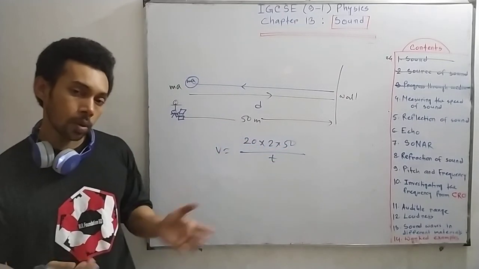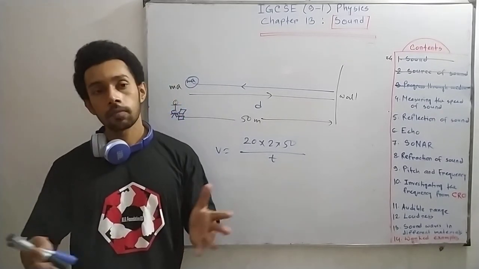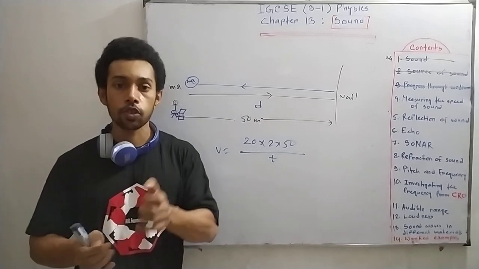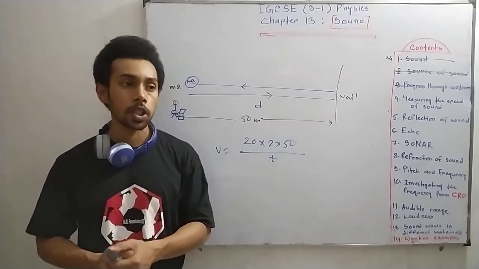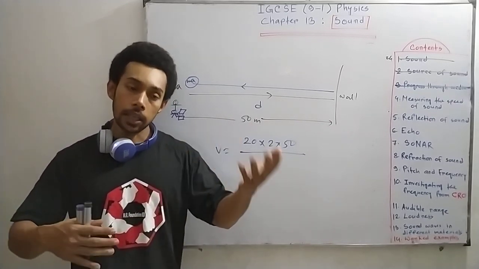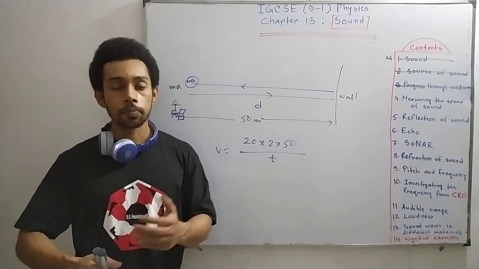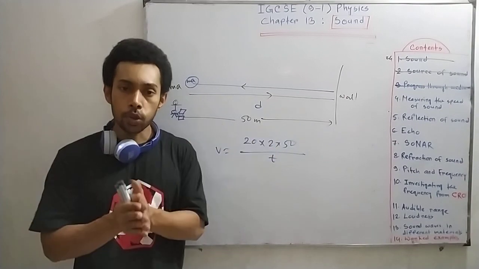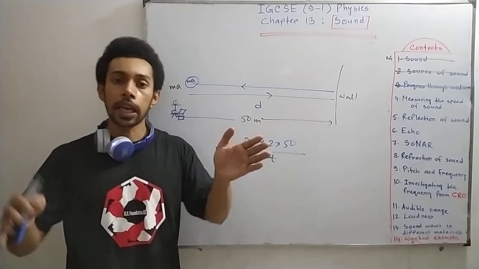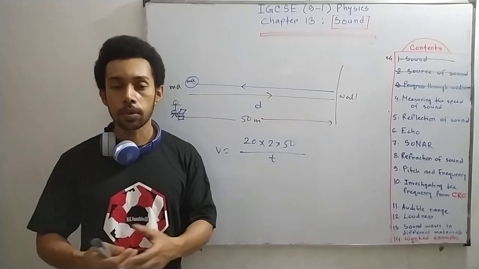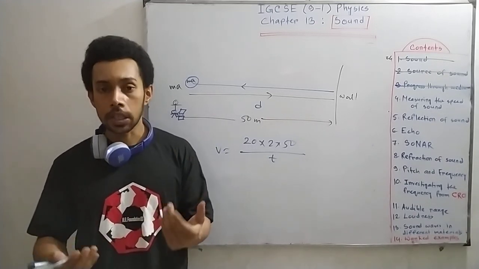So what will you write in the exam? Ask your friend to bang two pieces of wood together, start the stopwatch, hear the echo, and he or she will again bang two pieces of wood together in a rhythm. So you produce one sound, you hear the echo, again produce one sound, hear the echo, and in this rhythm you produce 20 sounds, and you'll hear 20 echoes.